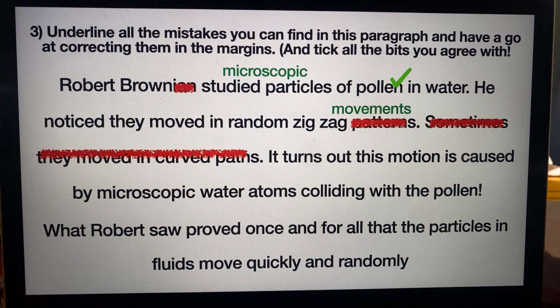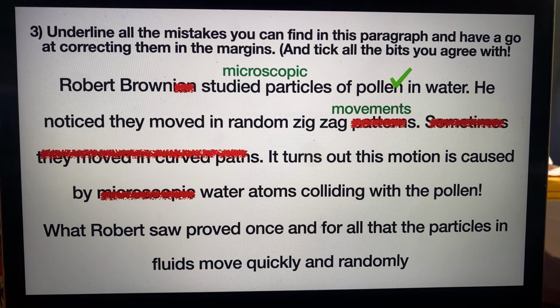It turns out this motion is caused by microscopic water atoms colliding with the pollen. Are you okay with the fact that water is not microscopic? Because you can't see water particles through a microscope. And water atoms isn't right either. You don't get an atom of water.